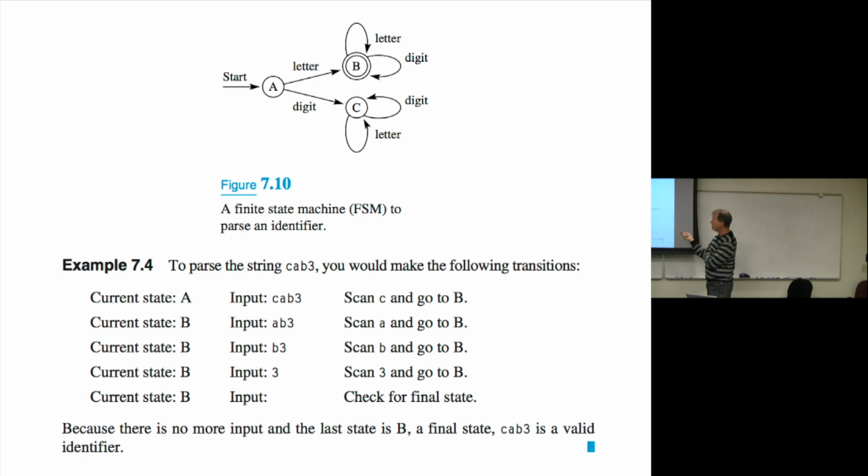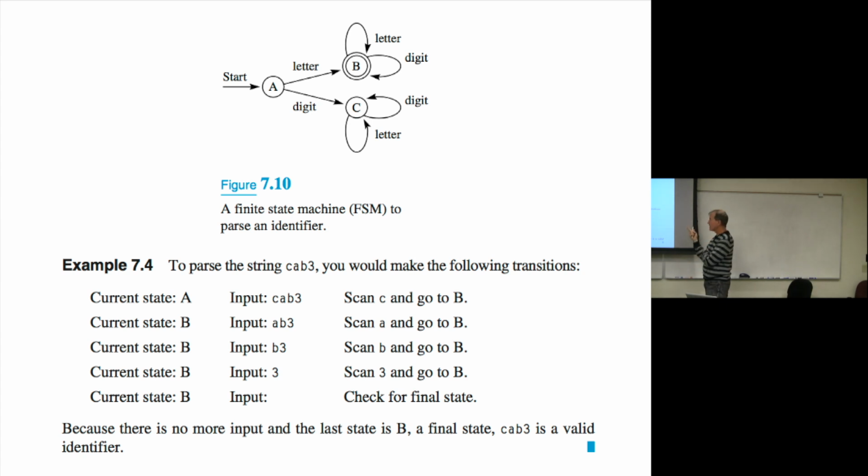Furthermore, if you're in state A and you have a digit, then you can go from state A to state C on a digit. We'll see what this means in a minute. Similarly, if you're in state B, you can go from state B to state B on a letter, and from state B to state B on a digit. And if you're in state C, you can go from state C to state C on a letter, or from state C to state C on a digit. Is everybody with me on that?